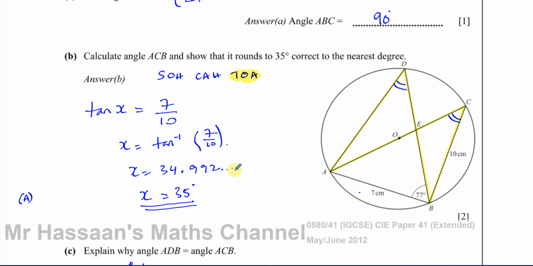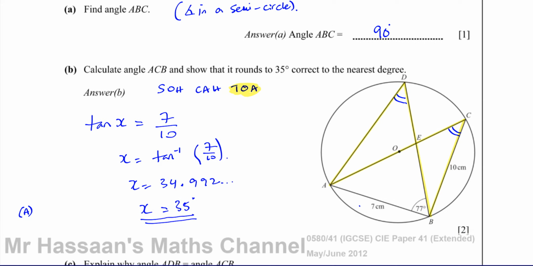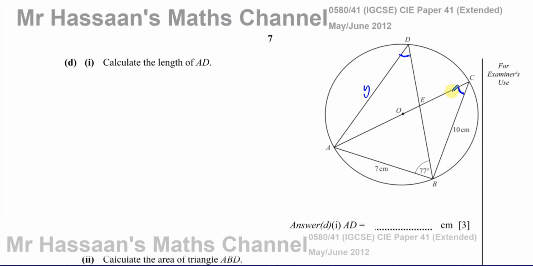Before we rounded it, it was 34.992. So this angle here was 34.992. Therefore, this angle is also 34.992, which I saved as A in my calculator.